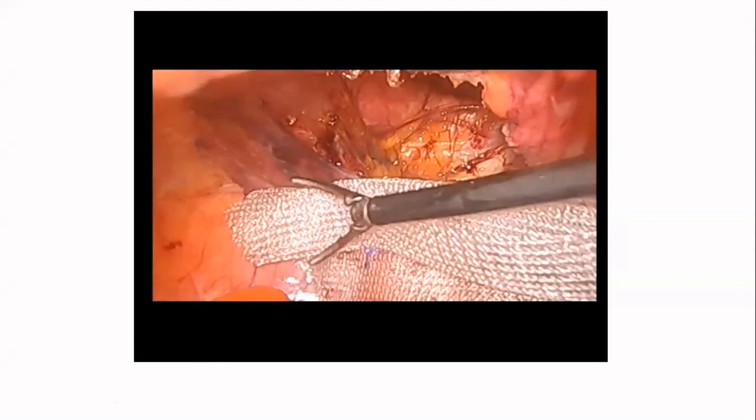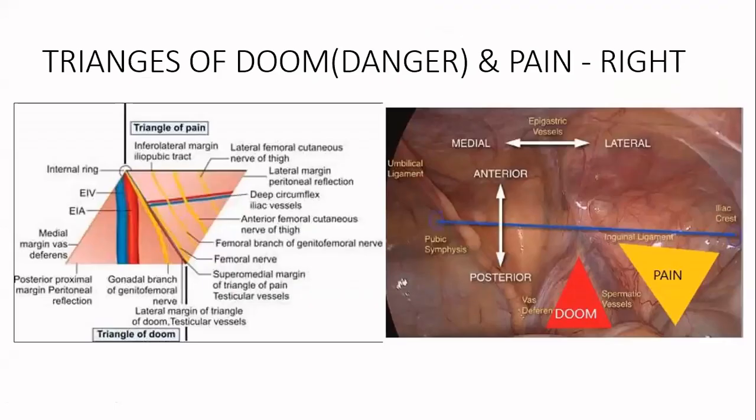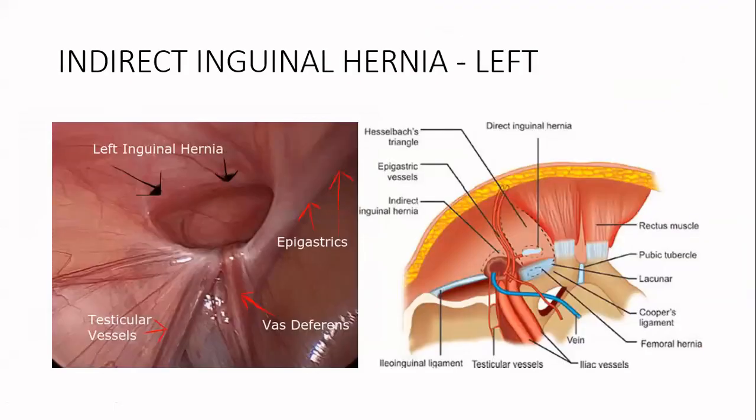Now this is a posterior approach to cover this. In open operations, it is all an anterior approach. So this is a blanket coverage of all the areas. The medical student might be thinking where is that. So even though the defect is direct, in the Hesselbach triangle, it covers the indirect ring, and covers the femoral canal, everything.